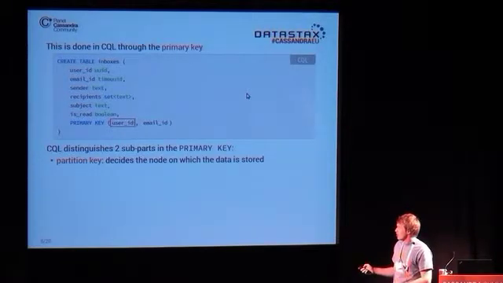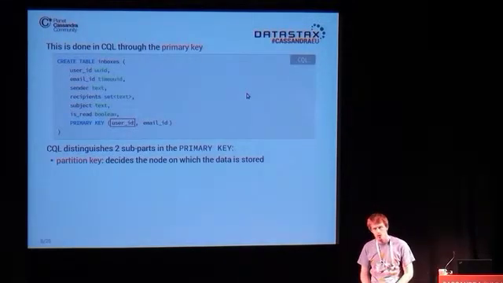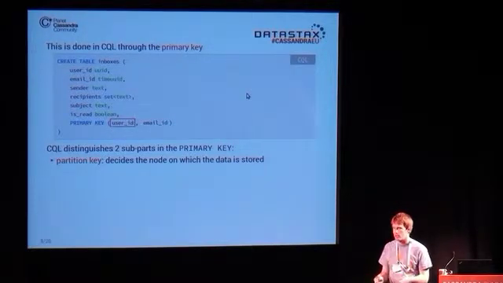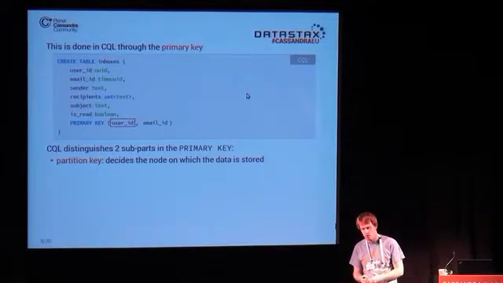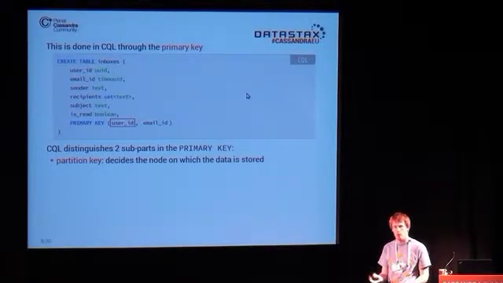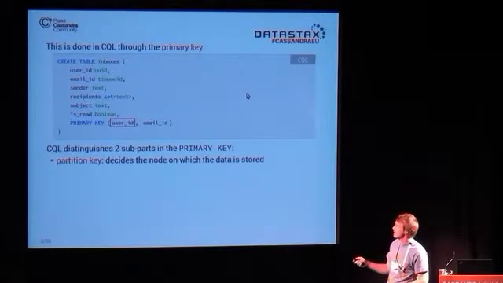Then the second part of the first remark is that every table in CQL needs to have a primary key, and a primary key has at least one component. So there is always a partition key. Sometimes the partition key is the same thing as the primary key because you have only one component in your primary key, but that's not the case here.